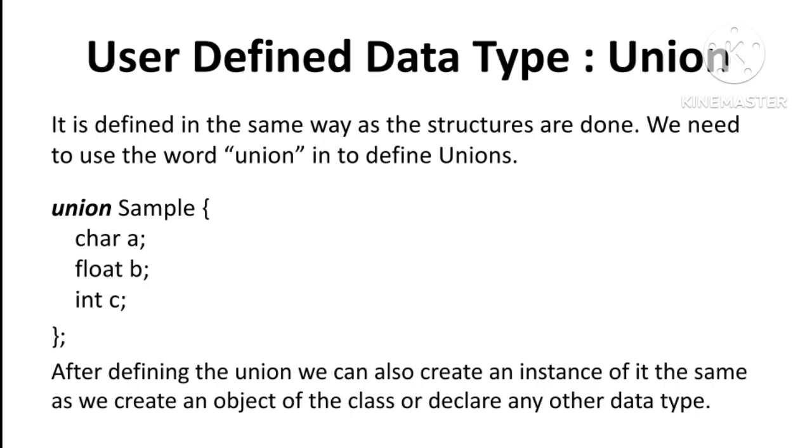We need to use the word union to define unions. For example, union sample, and inside curly brackets there are some variables. After defining the union, we can also create an instance of it the same way we create an object of the class or declare any other data type.